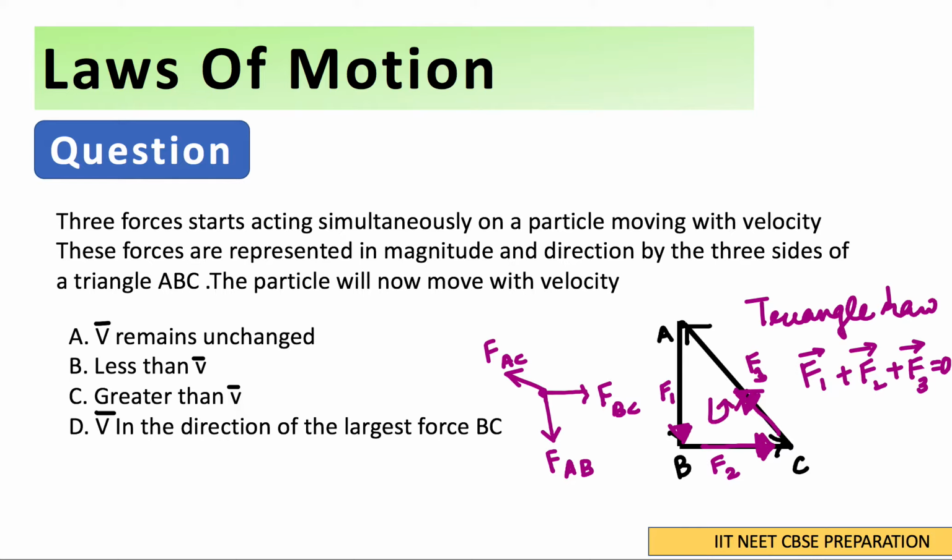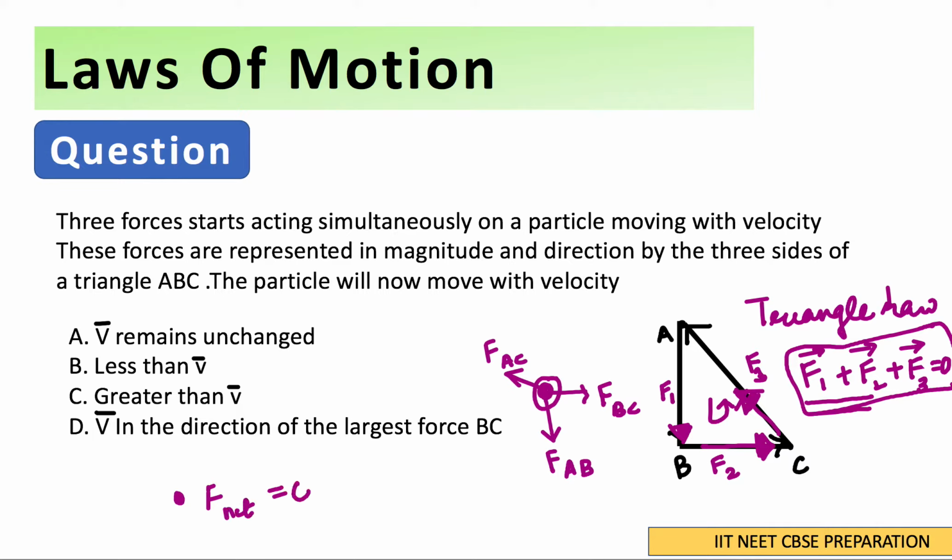So F1 plus F2 is equal to negative of F3, or F1 plus F2 plus F3 is equal to 0. So in this case, what is the F net that is acting on this particular particle because of this system? F net on this particle is nothing but 0.